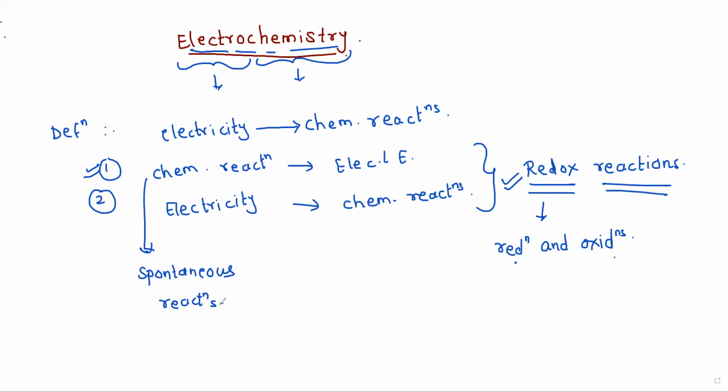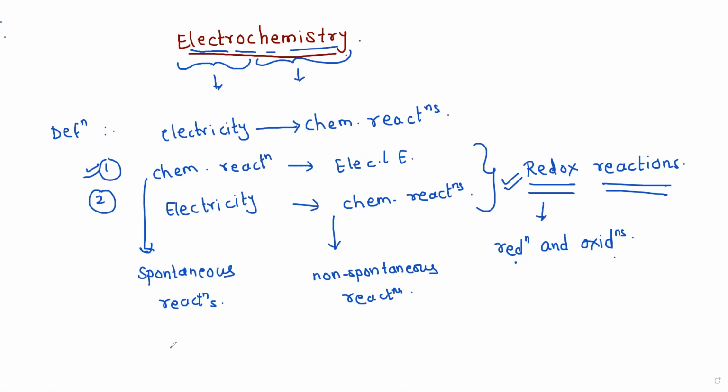They happen on their own. And the second type, where electricity is converted to chemical reactions, is called non-spontaneous reactions. For those reactions to happen, they will need a separate, outside force. So electricity to chemical reaction is a non-spontaneous reaction, and chemical reaction to electricity is a spontaneous reaction.